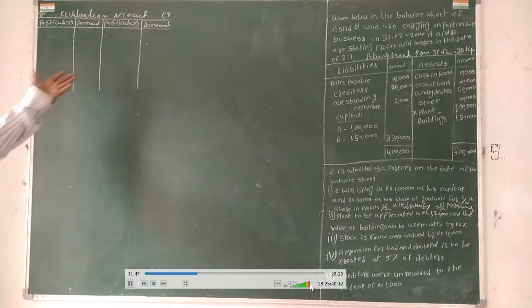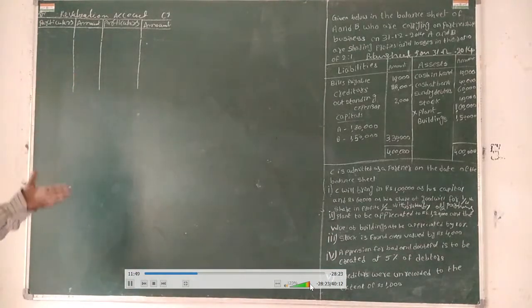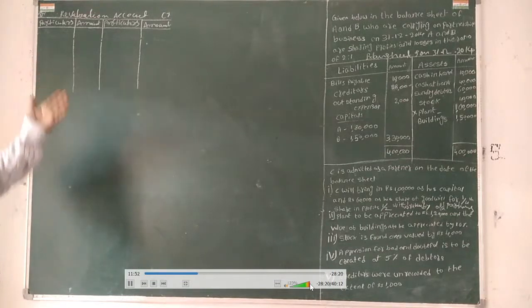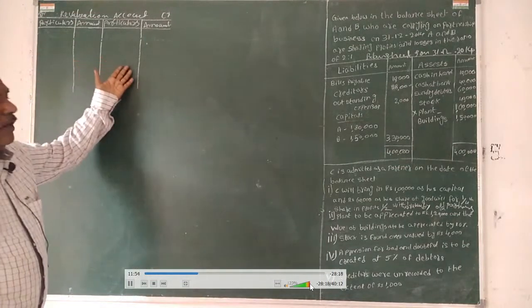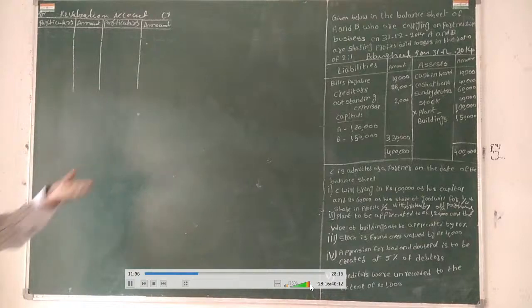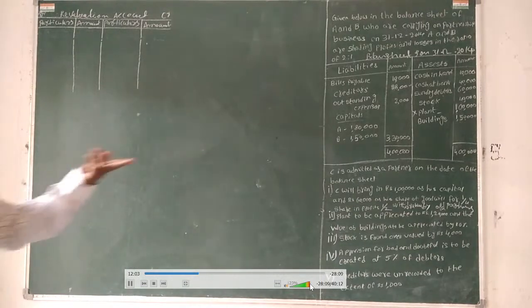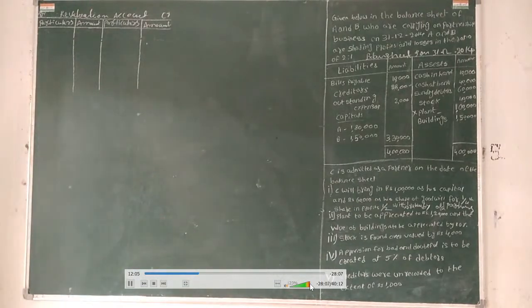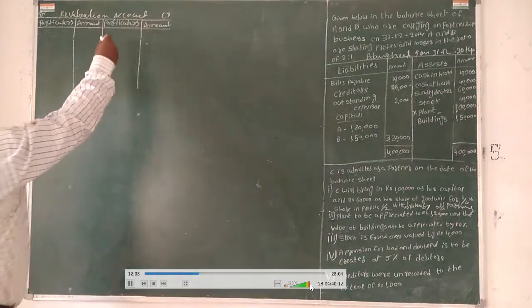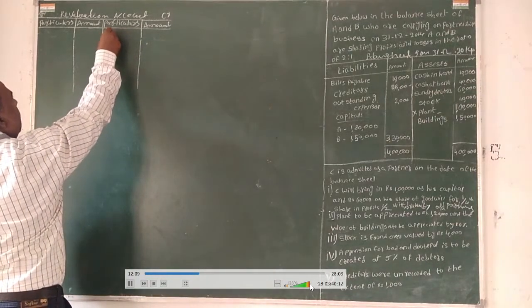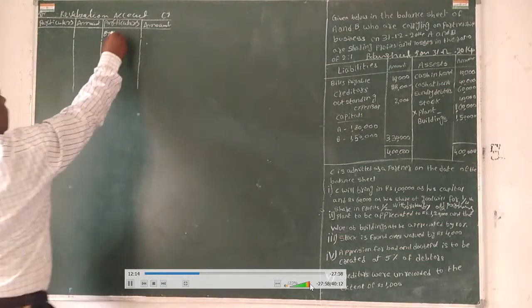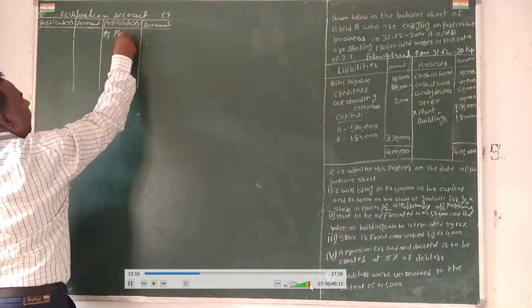By buildings 15,000: 1,50,000 multiplied by 10 by 100 is equal to 15,000, the appreciation in the value of buildings.